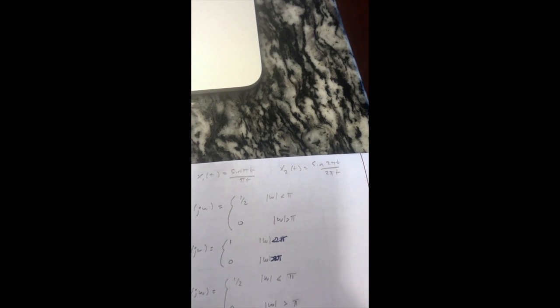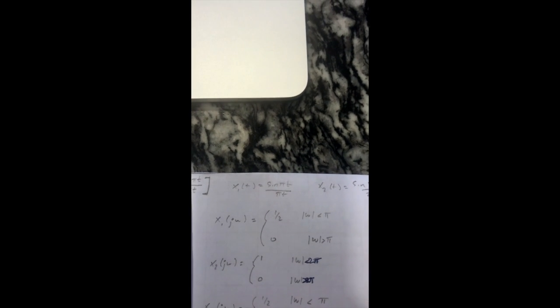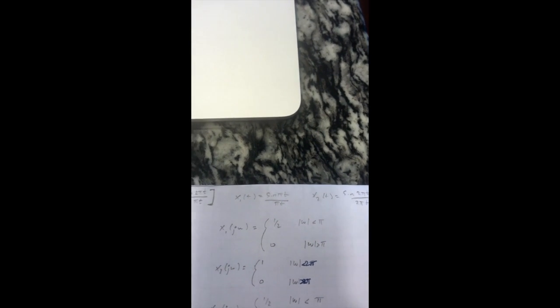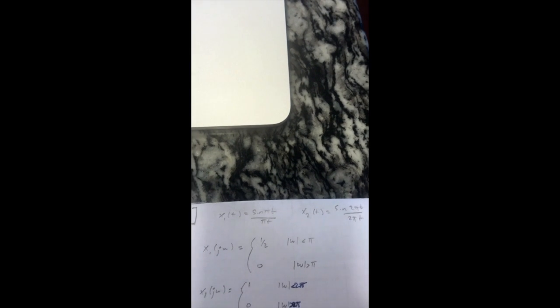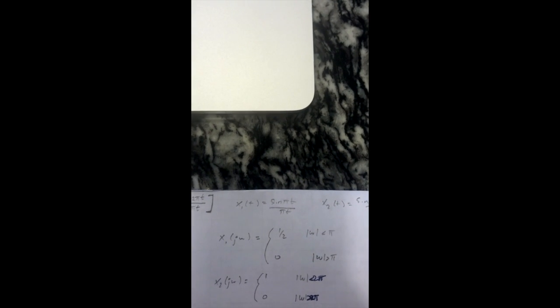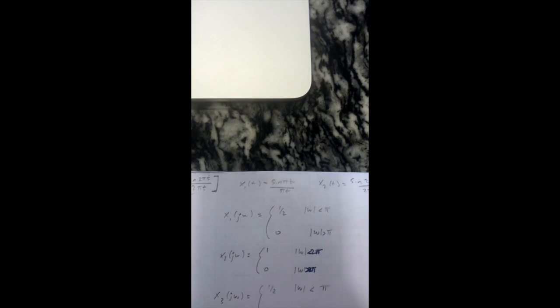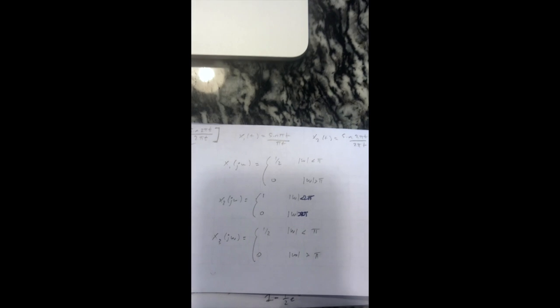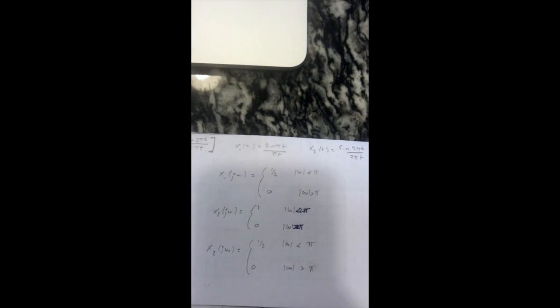Now, what you want to do is initialize a third signal, right? Which is going to be the multiplication of x1 of j omega times x2 of j omega. And notice when you do multiply these, the 2 pi doesn't carry down because it's limited by that pi from x1 of j omega.